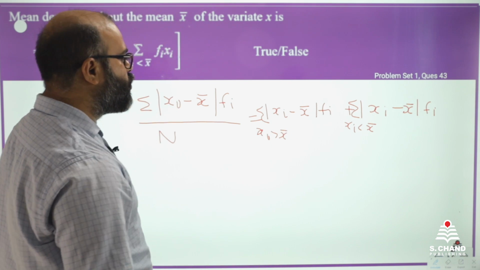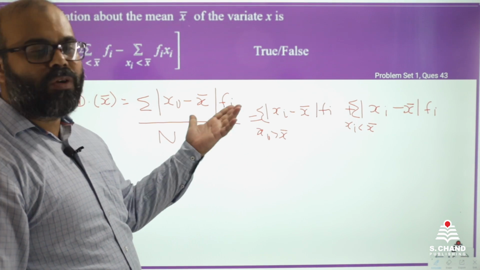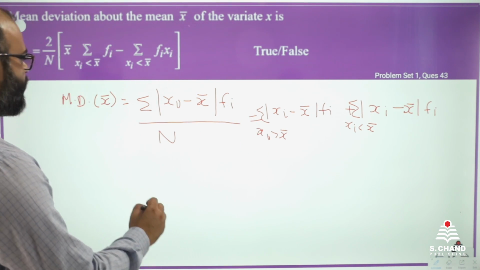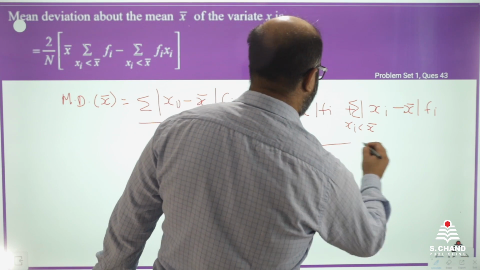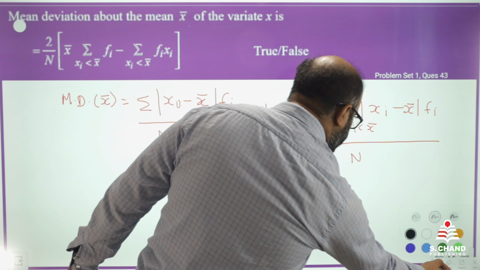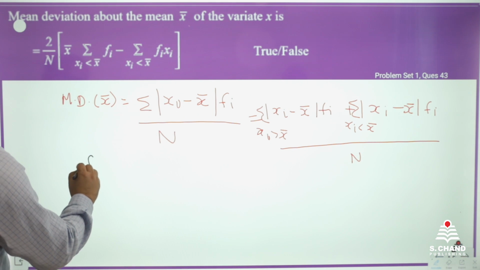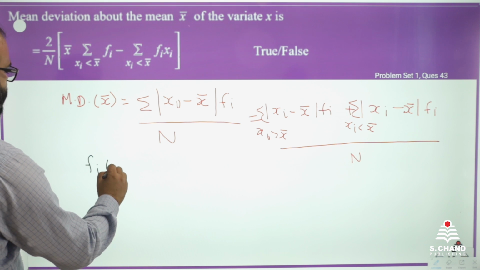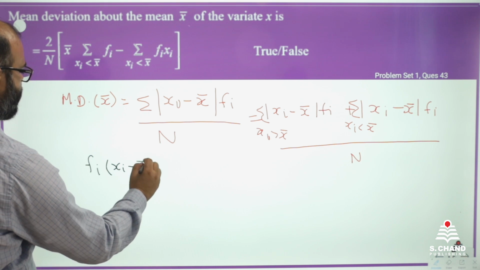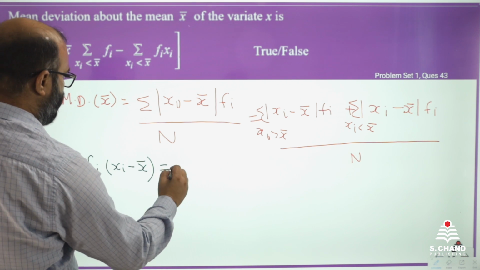The addition of these two is there, where xi equal to x mean would be 0. This whole is divided by n. Another thing which we know is that sigma of fi into xi minus x mean is equal to 0.